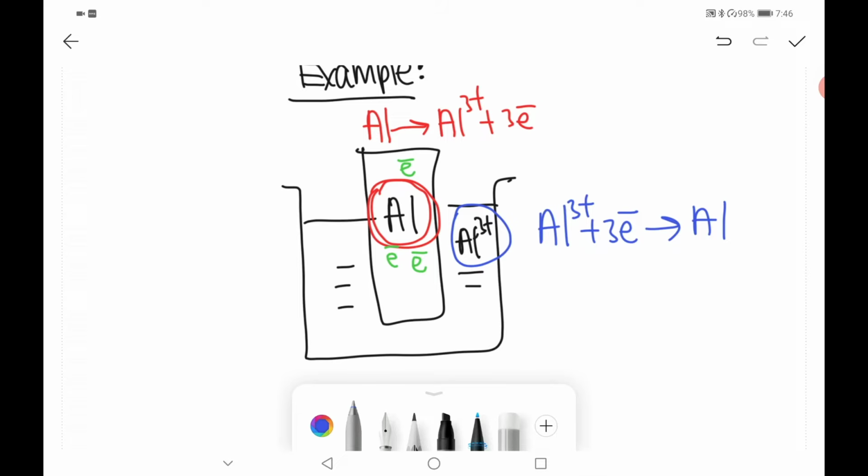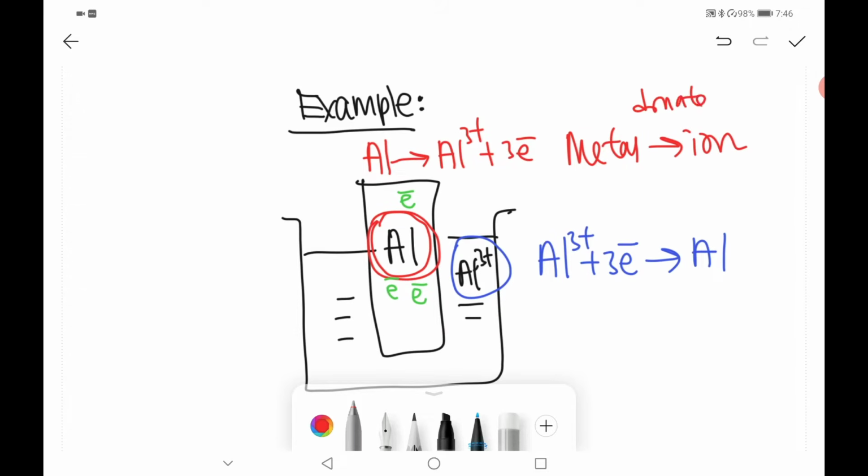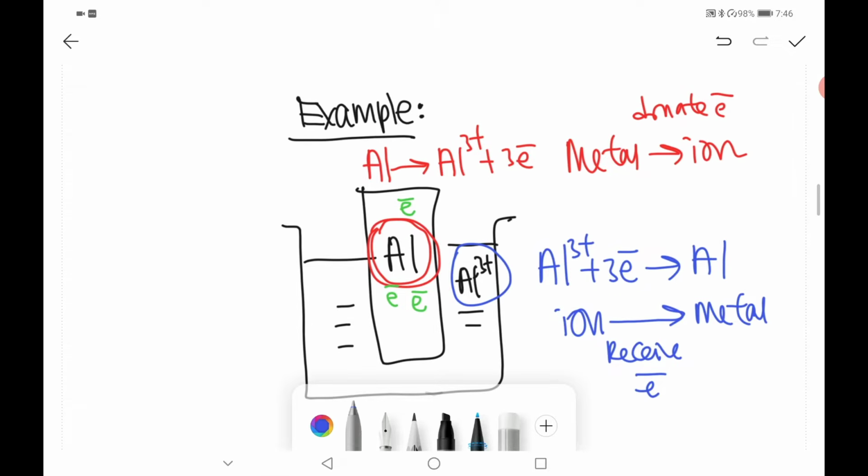The first process is that the metal donates electron to become ion. At the same time, the ion in the solution goes to receive the electron in order to become the metal. So these two processes happen at the same time.